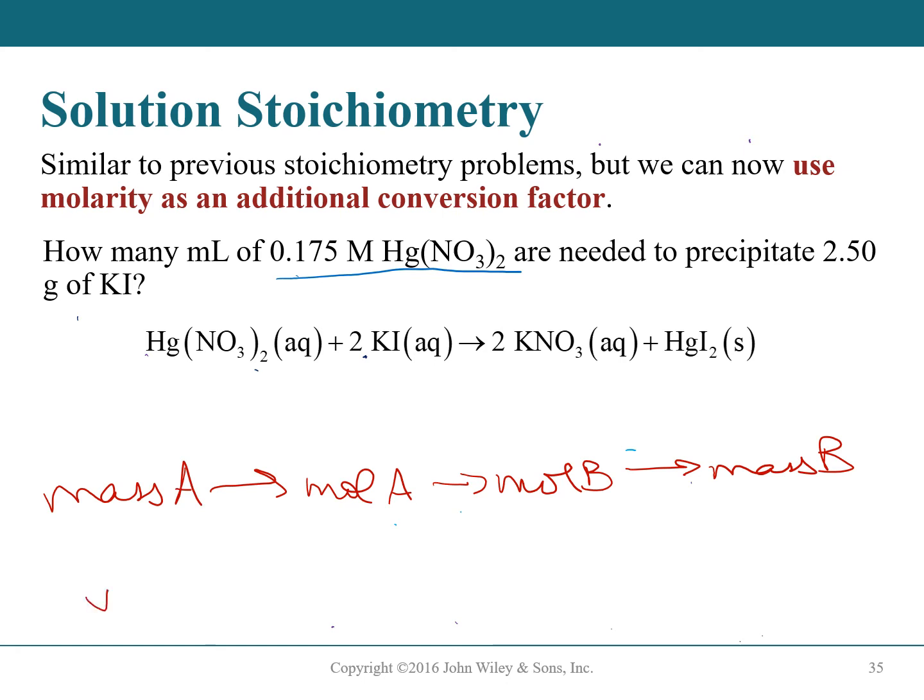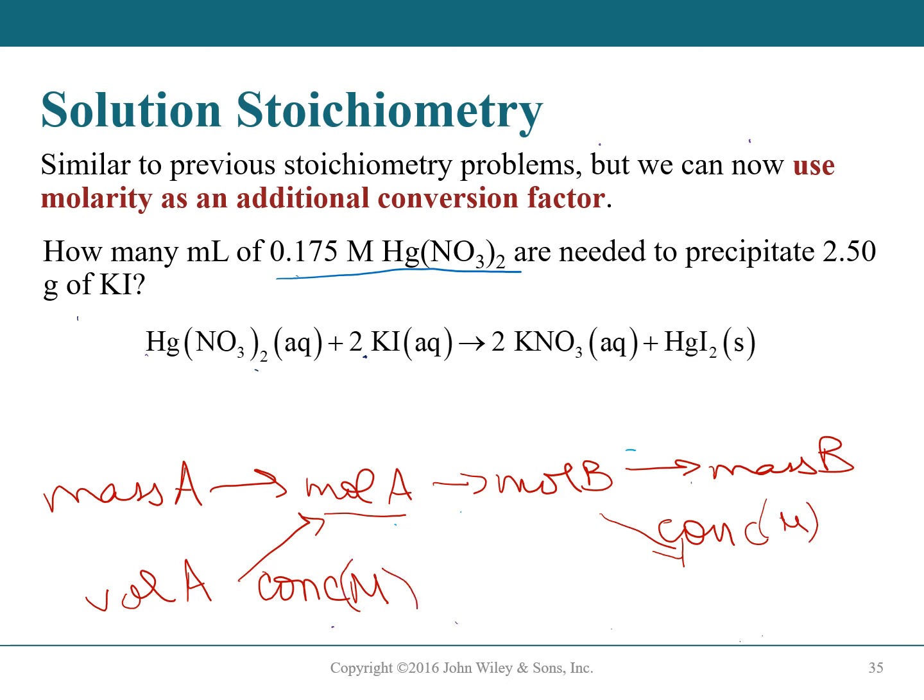Now we could use the volume of A if it's in a solution, as long as we know the concentration in molarity, because we know that equation, we can get the moles of A. Likewise, if I know the concentration in molarity for B, then I can get the volume of B. So the key, remember, is our mole to mole ratio. And now we have multiple ways to get the moles of either A, and from the moles of B to get the various values back.